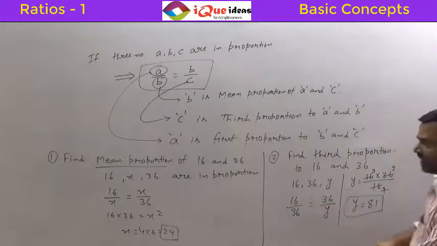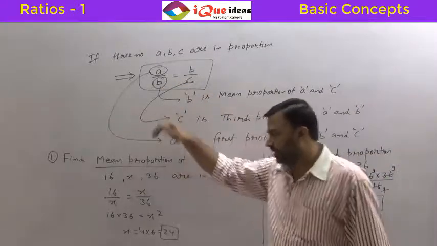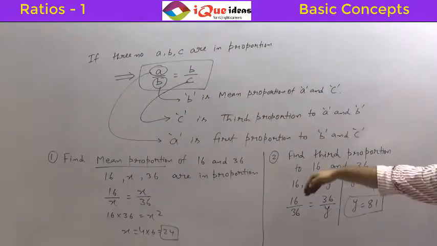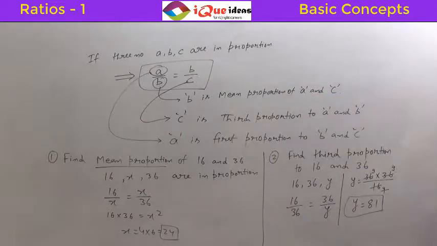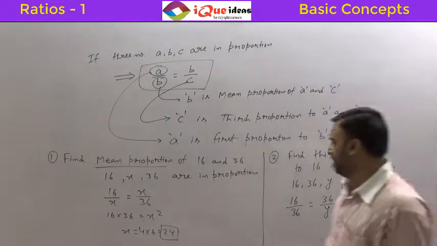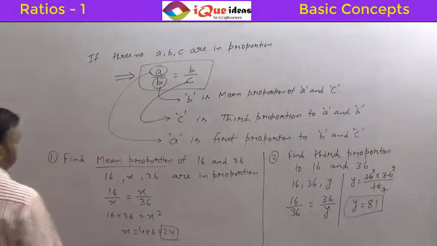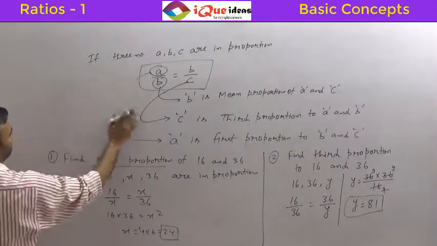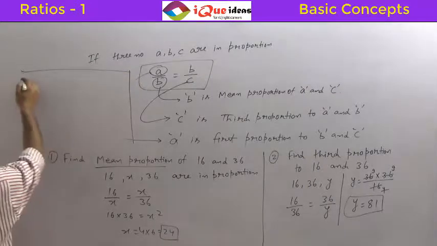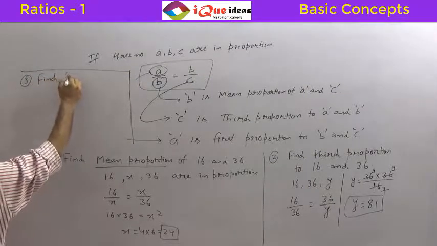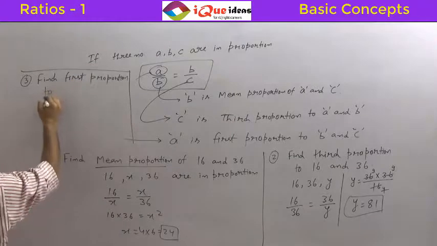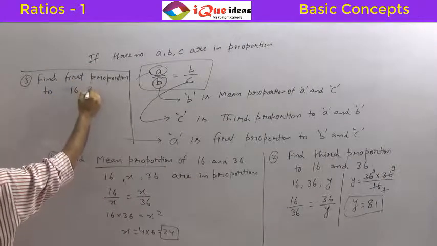So one number we calculated was in between 16 and 36, and here the number we are calculating is after 36. And we followed this proportionality rule. Suppose we are asked to find the first proportion. I'll put a small question like this: find first proportion to 16 and 36.